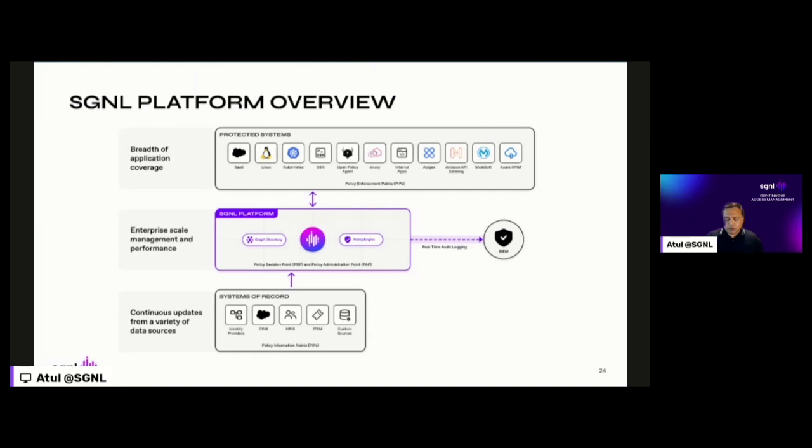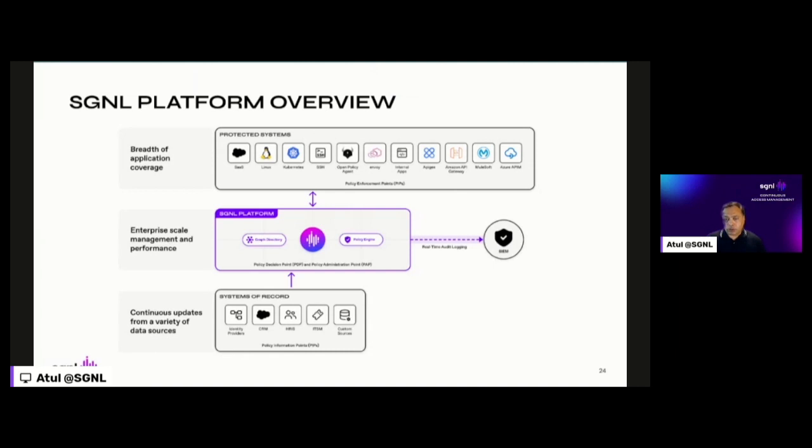Now, just to take a quick look at the Signal platform. You can think of the Signal platform as three different things, right? From the policy information points point of view, we connect directly to the systems of record, right? So we do not expect our customers to have to create synthetic data that is specific to permissions, right?